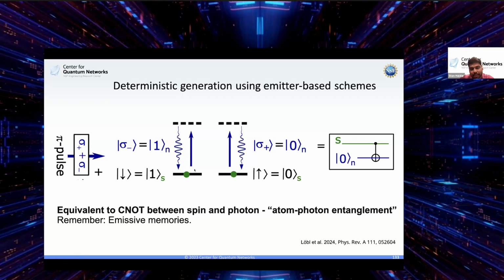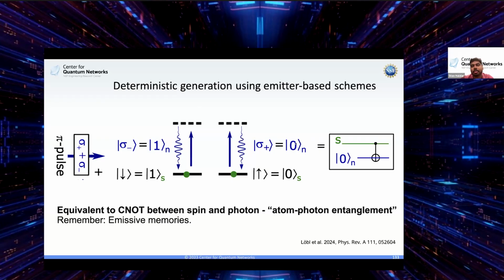That excites both of the levels. And when the levels come down, depending on which level the atom decays to, whether it decays to the left or to the right, the output photon will either be left circularly polarized or right circularly polarized.